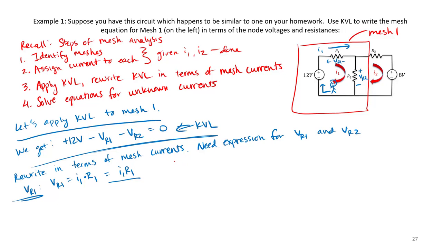Now try VR2. What would we get for the voltage drop across resistor R2? Notice you want to make sure you calculate the current through resistor R2 correctly.